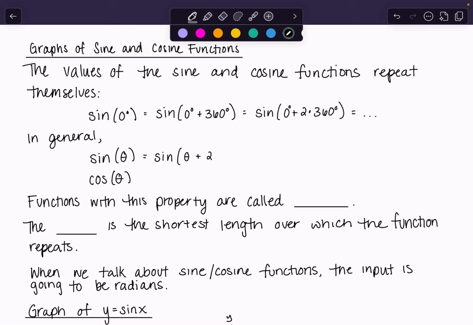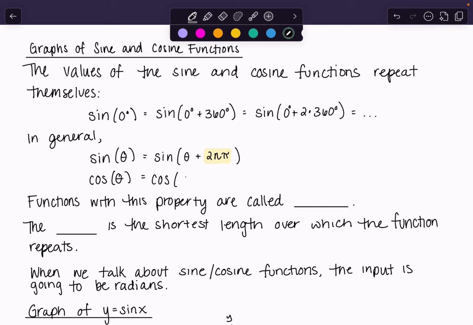So the way we write this is 360 degrees is equivalent to 2 pi, and then n is the number of revolutions. So this would be plus 2 pi, plus 2 times 2 pi. Next one would be 3 times 2 pi. So in general, we can add any multiple of 2 pi, and it will be 1 revolution around and get me in the same spot.